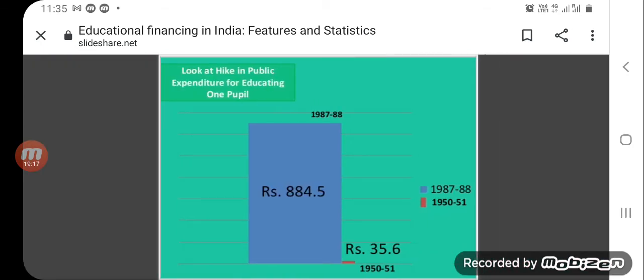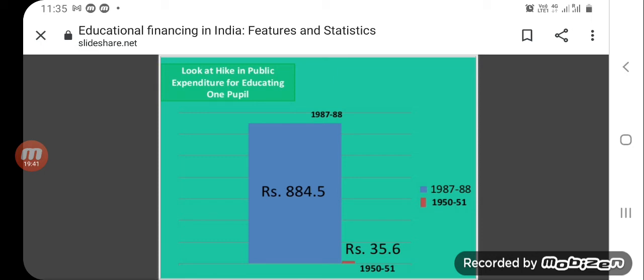Then look at the hike in public expenditure for educating one pupil. During the decade 1950-51, only rupees 35.6 were spent for giving education for a single citizen.